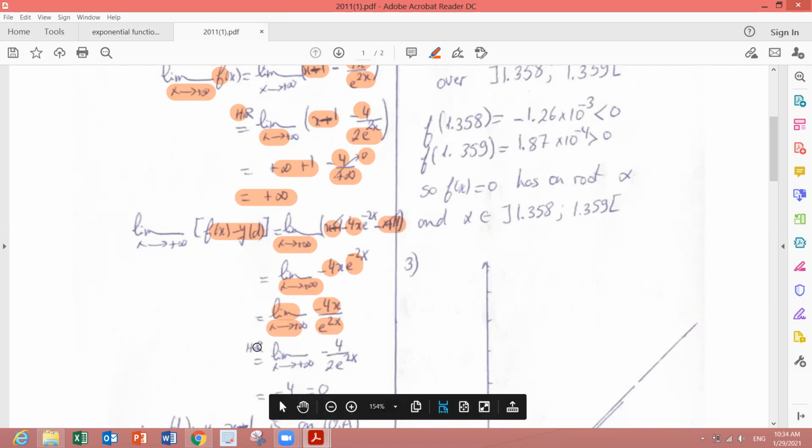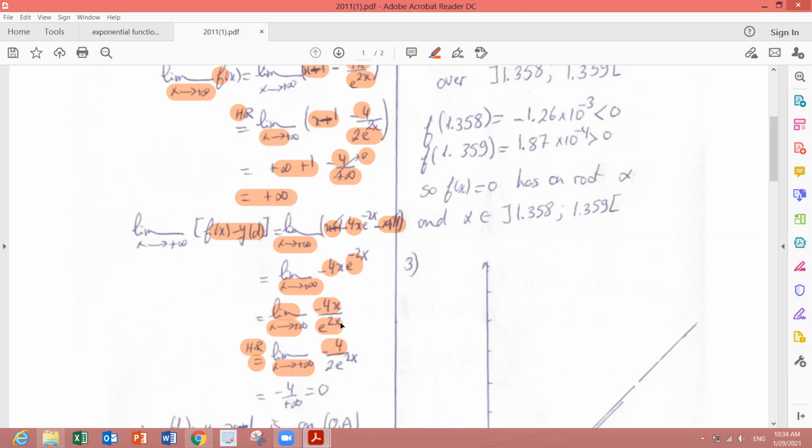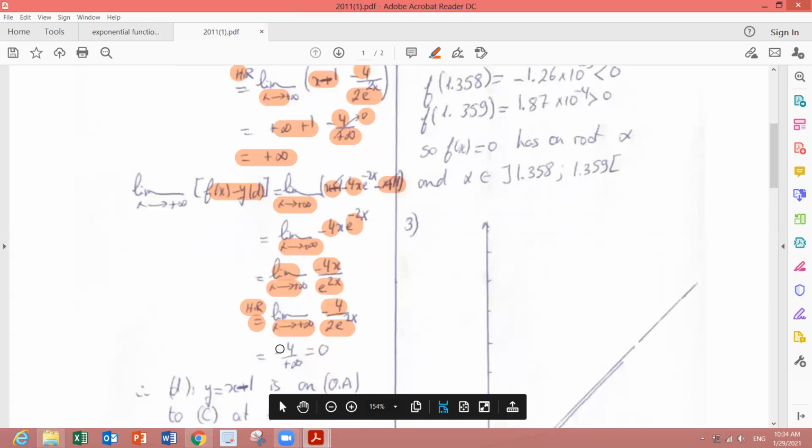Infinity over infinity. So by applying Hospital's rule equals limit as x tends to plus infinity minus 4x بيصير minus 4 و e power 2x gives 2e power 2x as derivative. So it will be minus 4 over infinity, which is equal to 0.